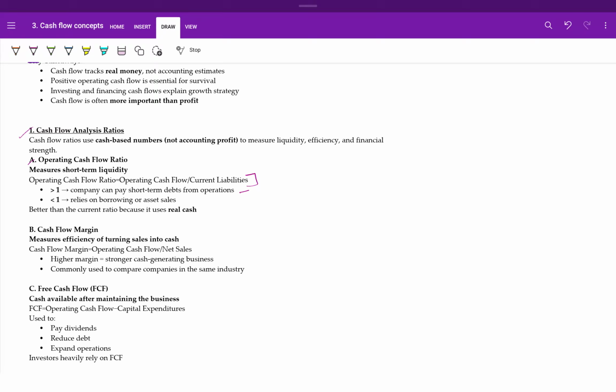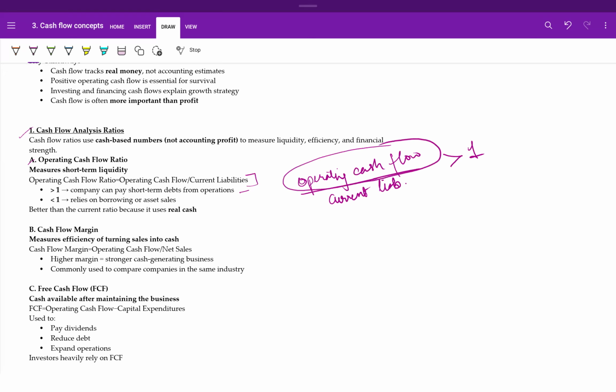So operating cash flow, we divide it by current liabilities. If this ratio is greater than 1, this means the operating cash flow portion is bigger than the current liabilities portion.